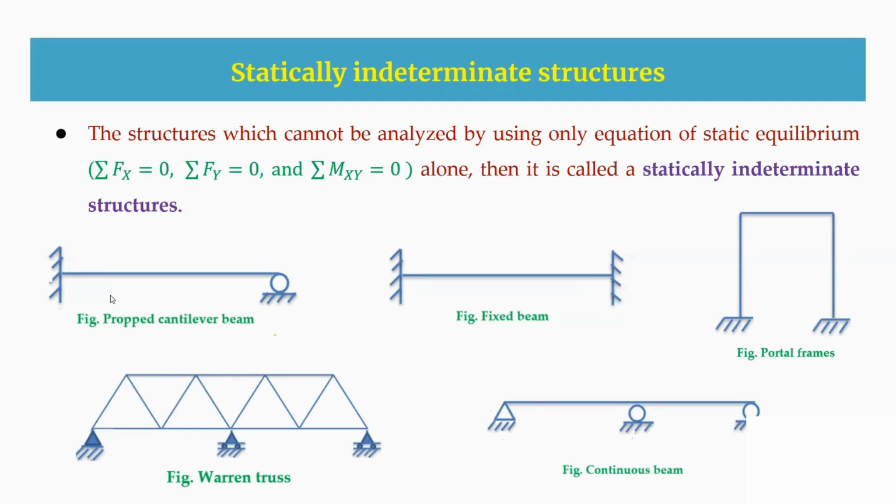Here, the unknowns you get are more than the static equilibrium conditions, so you cannot solve using only the static equilibrium conditions. That is the reason all these structures are considered statically indeterminate structures.